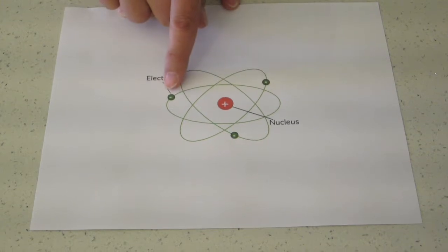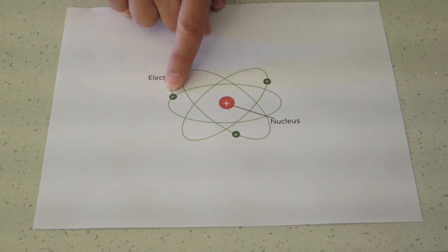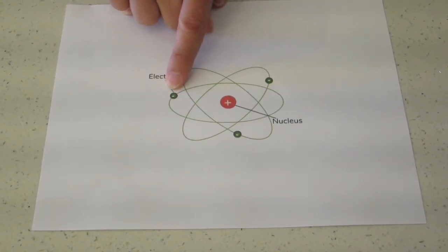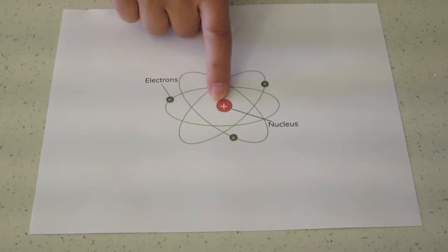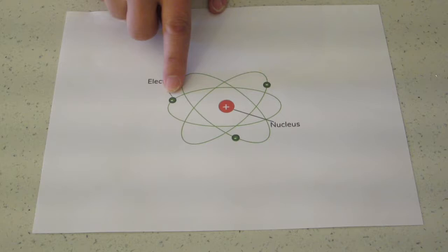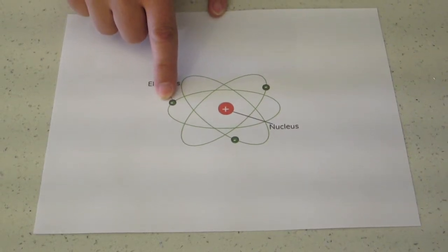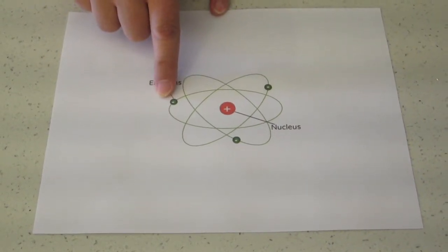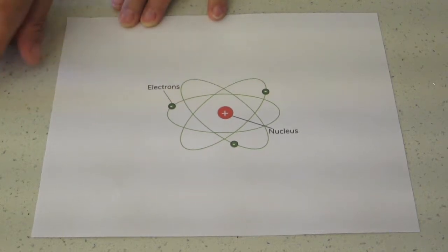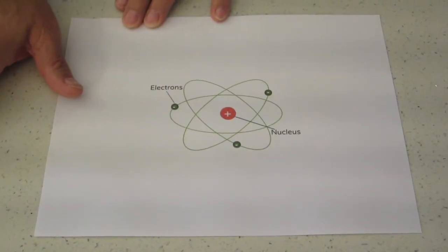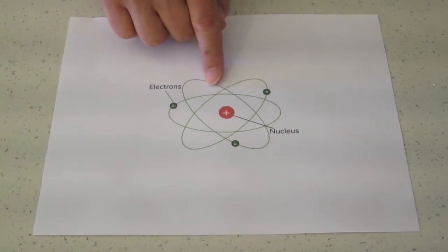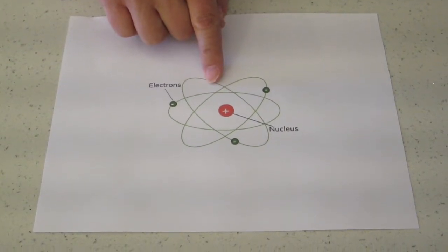So where would these electrons be orbiting? First of all, they'd be microscopic, so they'd be tremendously smaller than the nucleus. The second thing is this electron would be orbiting about half a mile away from the nucleus if we drew it to scale. And so the point I'm trying to make is that an atom is almost entirely empty space.